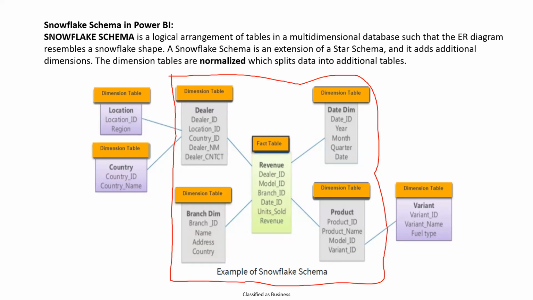So the dealer dimension table has some sub tables, with a hierarchy and connectivity from the main dimension table to the sub table. Suppose these sub tables are directly connected to the fact table. Which schema is it? With location and countries connected directly to the revenue, which schema design is it?